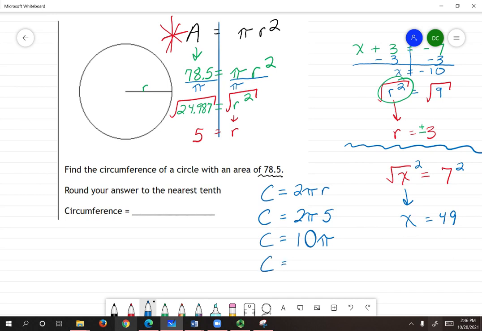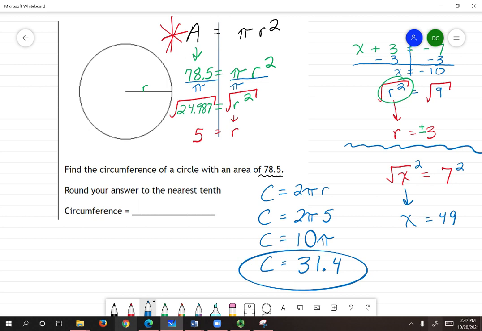So the circumference is equal to 31.41, so that's going to round to 31.4. There you have it.